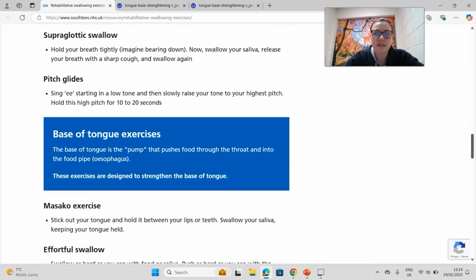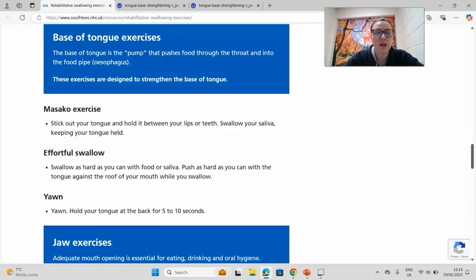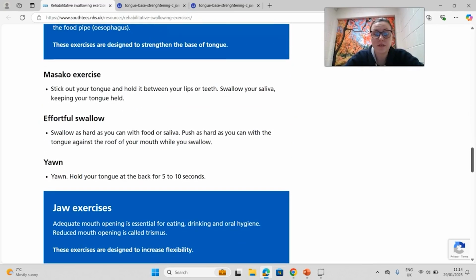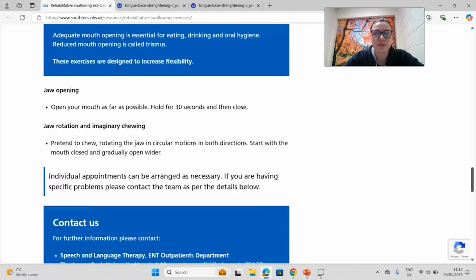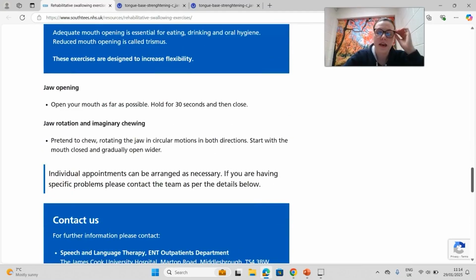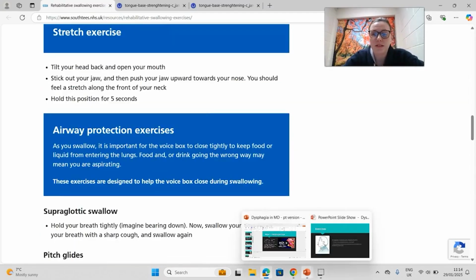Base of the tongue exercises, so we've got things like the effortful swallow, or things like yawning. If we have jaw weakness, then there are some examples of exercises there. But like I say, I'd wait to see what's recommended for you by the speech and language therapy team.